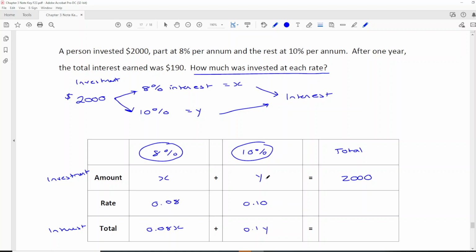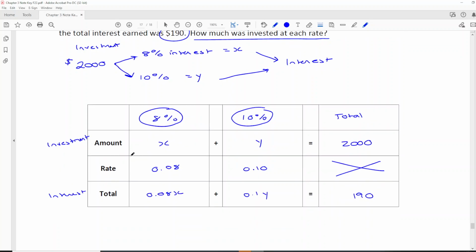But guess what they also told me? Instead of giving me the percentage of the total that's going to be interest, they tell me how much interest I earn. So I can simply put 190 in here and I don't have to fill out that box. So my two equations are talking about my amount invested, X amount at 8% and Y amount at 10% to equal $2,000 invested.